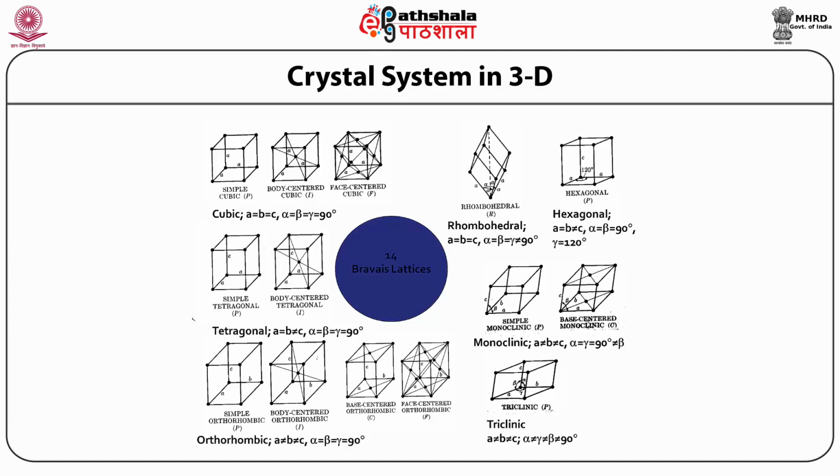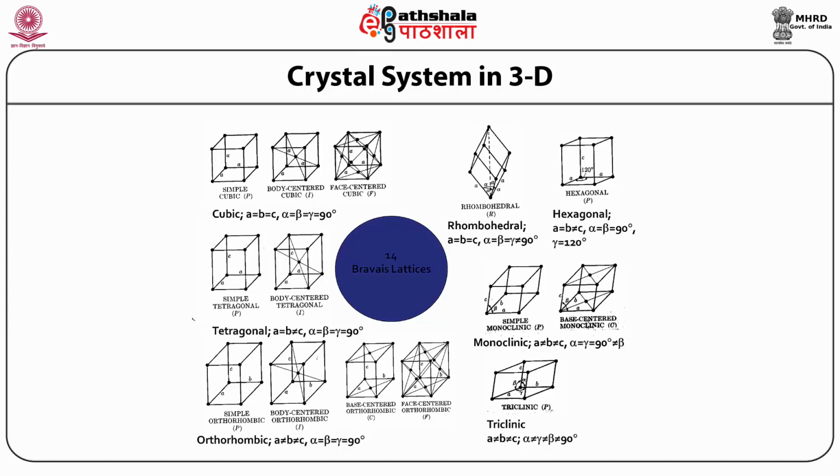Next is tetragonal. In tetragonal, A is equal to B and not equal to C, whereas all the angles are equal to 90 degrees. It has only simple and body-centered structures.